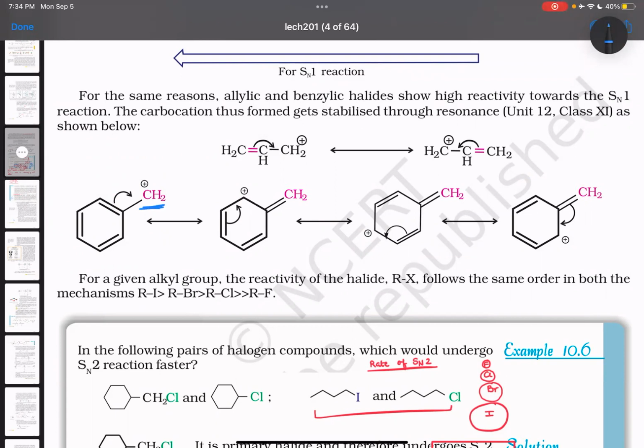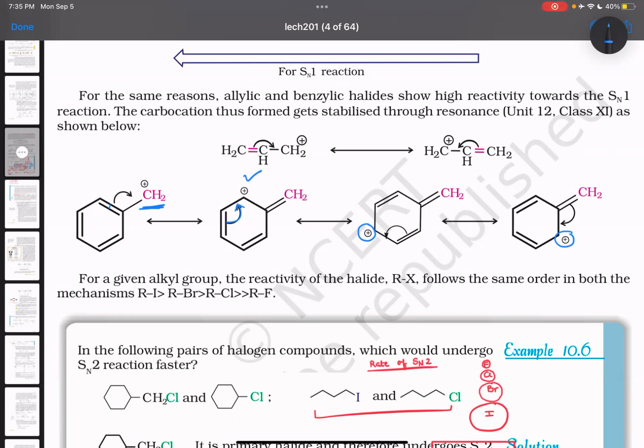It can give its electrons outside, and the cation can get the electron from the double bond next to it in the ring. So it can move here, further here, and go back to its original place. It keeps moving and spreads to many places.